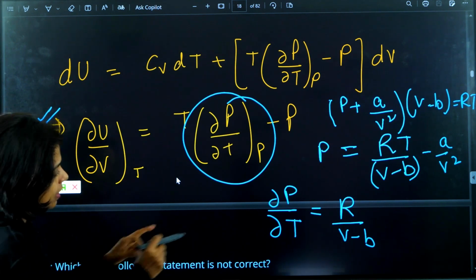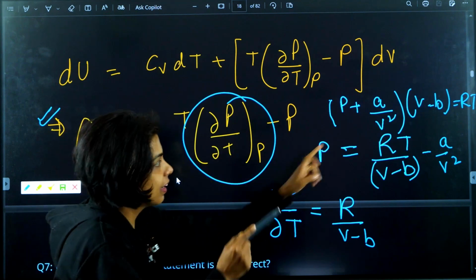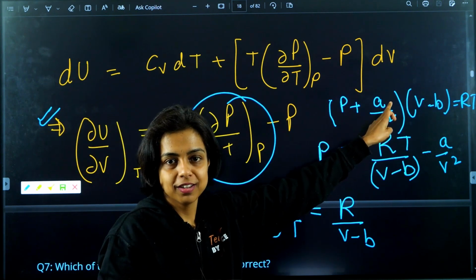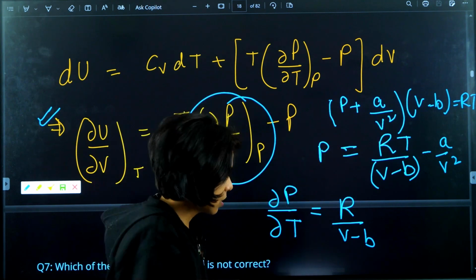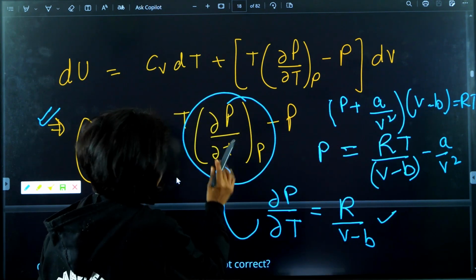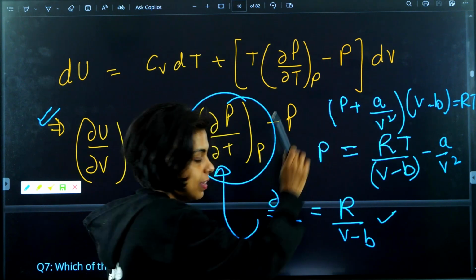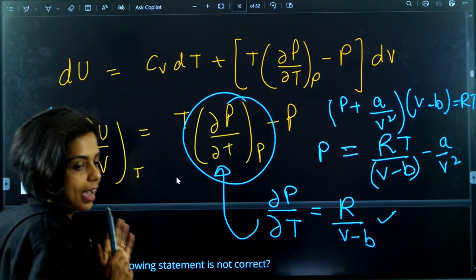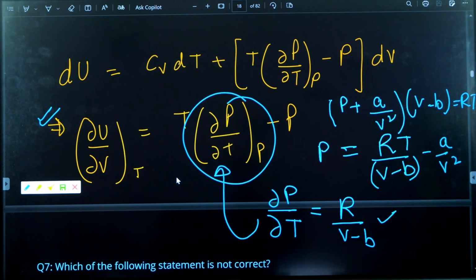Putting this value R over V minus b here and comparing it with the van der Waals equation, of course, dU by dV at T is equal to a by V squared. So that means dU by dV at constant T is equal to a by V squared, guys. Please check. Yes, this has to be the answer.